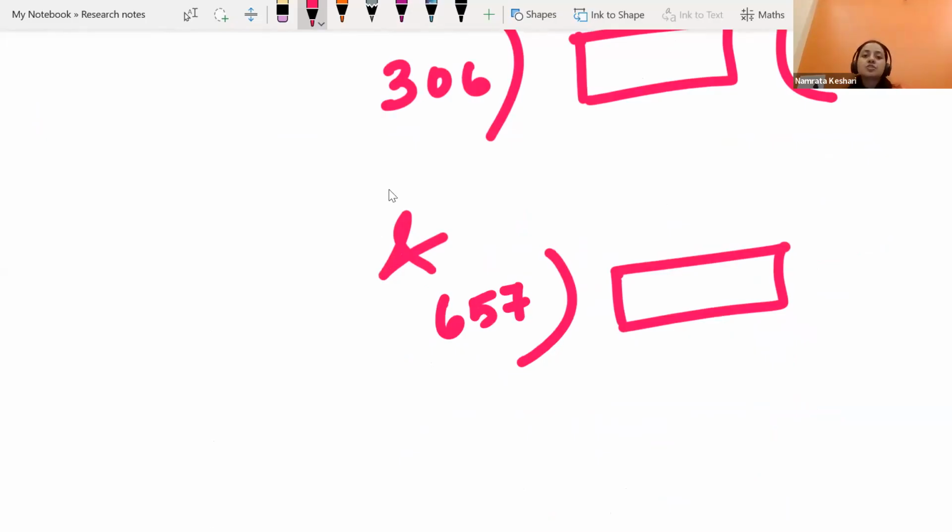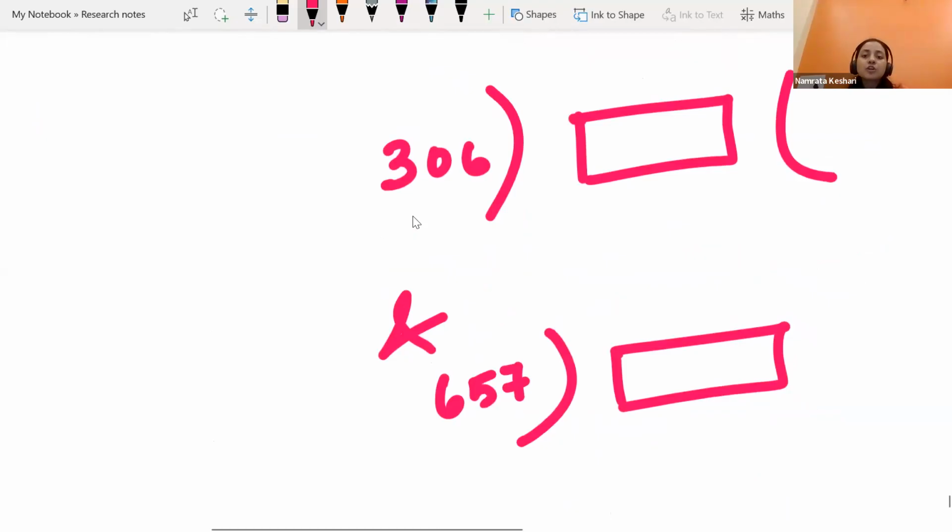In this box, what must be there, we are searching that. What we will do is for later. One thing: are you able to understand that the number we are searching must be bigger than 306 and 657? Yes. And here we need to find the LCM rather than the HCF.